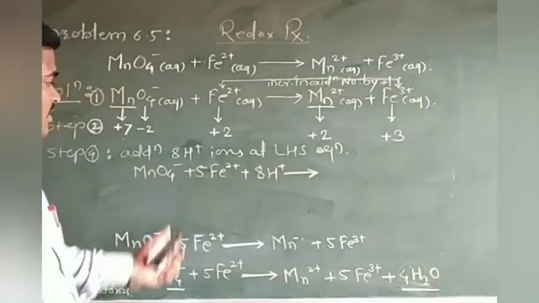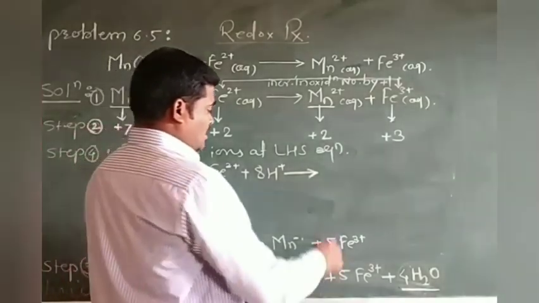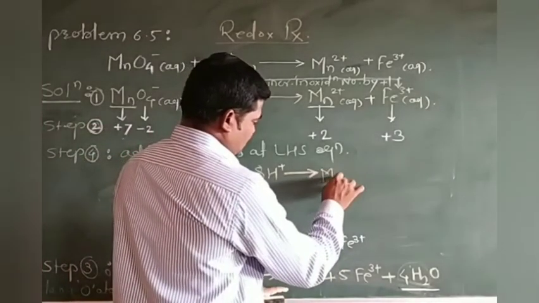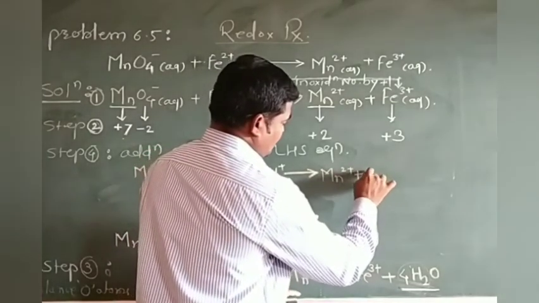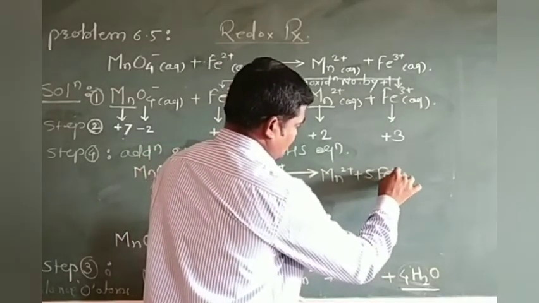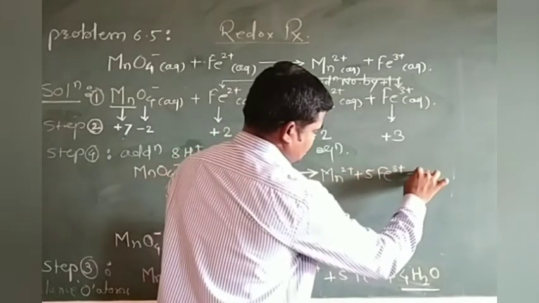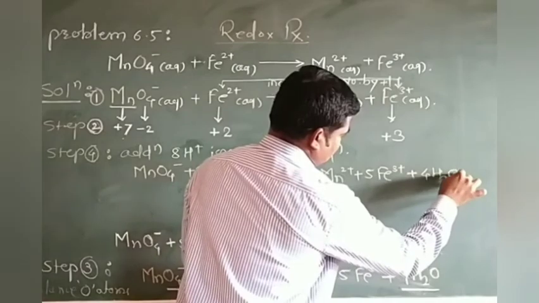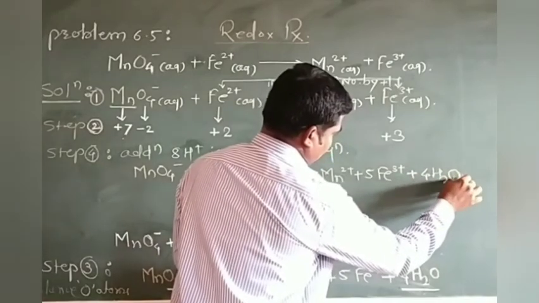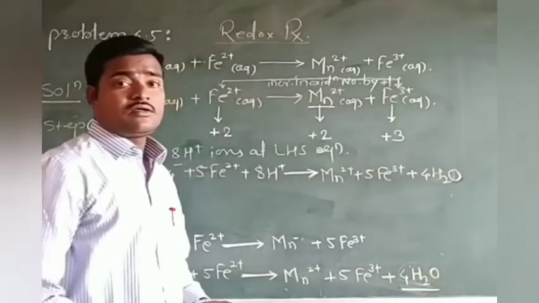So this is a very important step that you have to keep in mind. And the remaining terms I will write as it is: Mn2 plus, 5 Fe3 plus, 4H2O. So students, this is the important step.